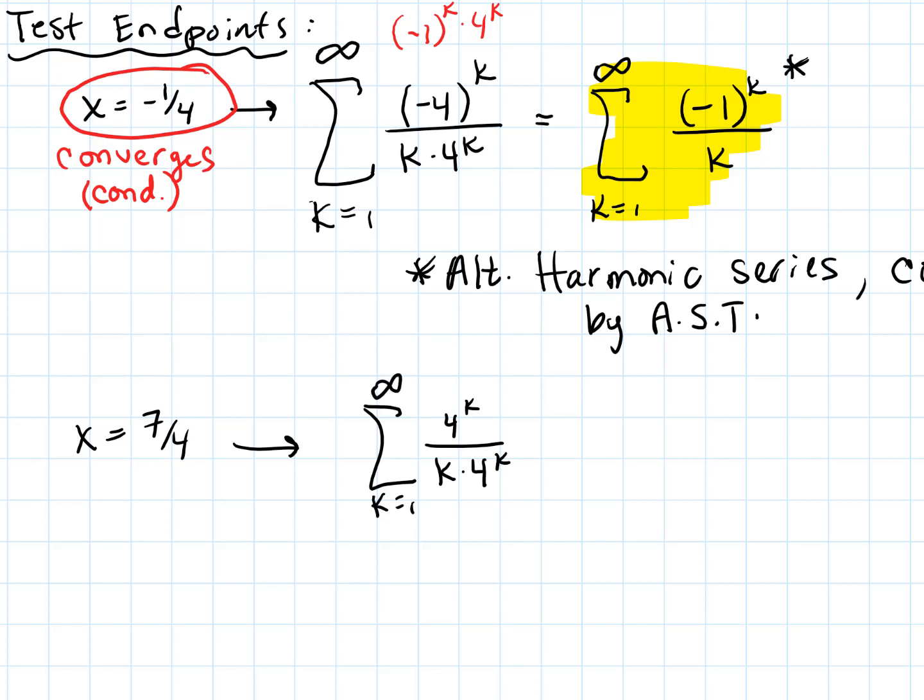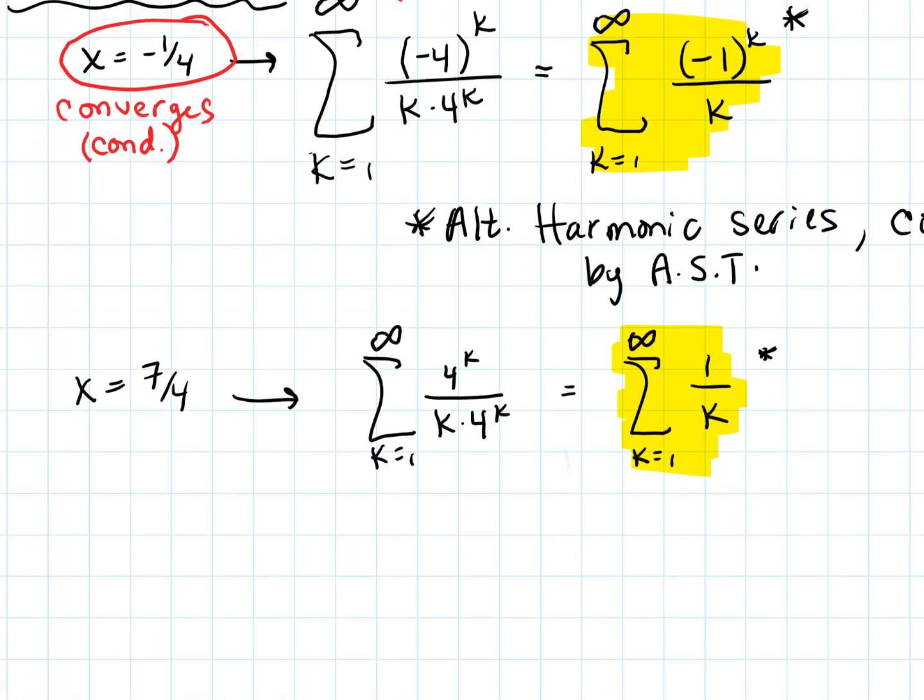Well, of course, the 4 to the k's cancel, and this leaves me just with 1 over k, from k equals 1 to infinity. But once again, this is one that we have seen a lot. This is a p series, but a very specific p series. This is the harmonic series.